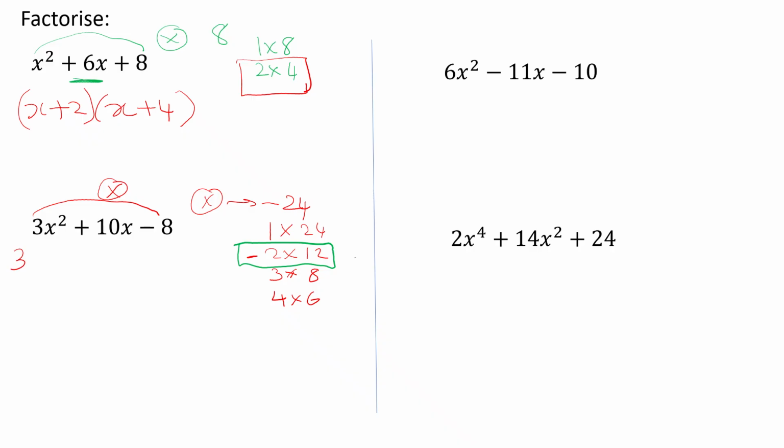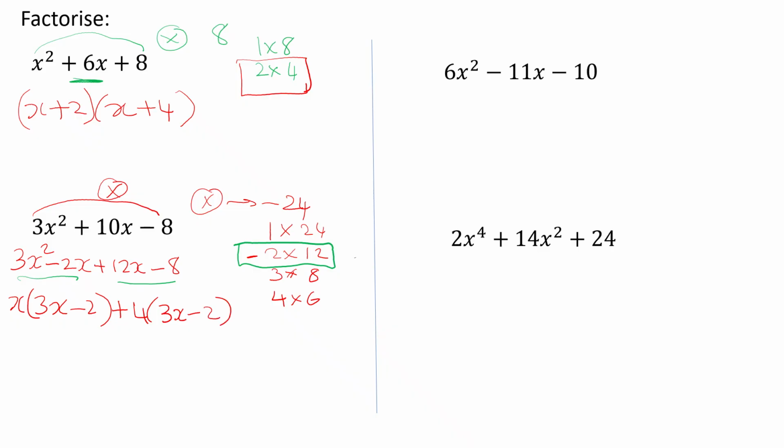So 3x squared minus 2x plus 12x minus 8. Now you can factorize: x times 3x minus 2, and plus 4 times 3x minus 2.